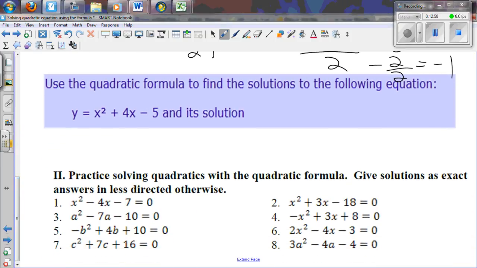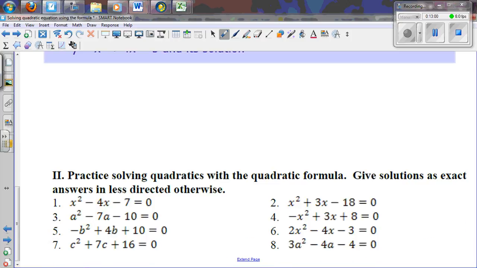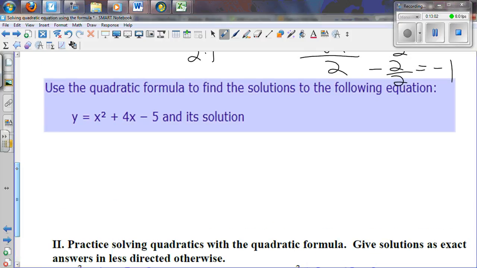One last problem here. Again, it's always the same formula. So x equals, and then a is 1, b is 4, and c is negative 5.